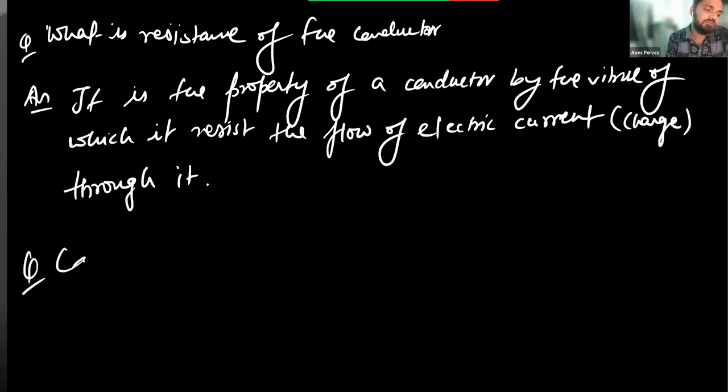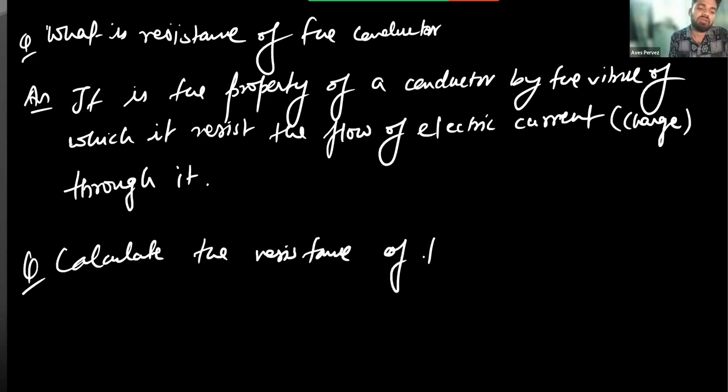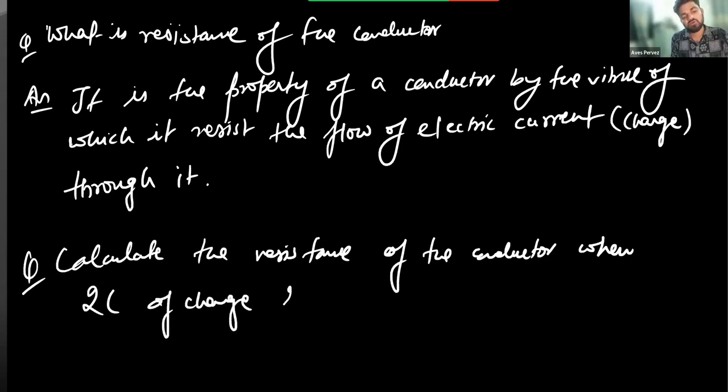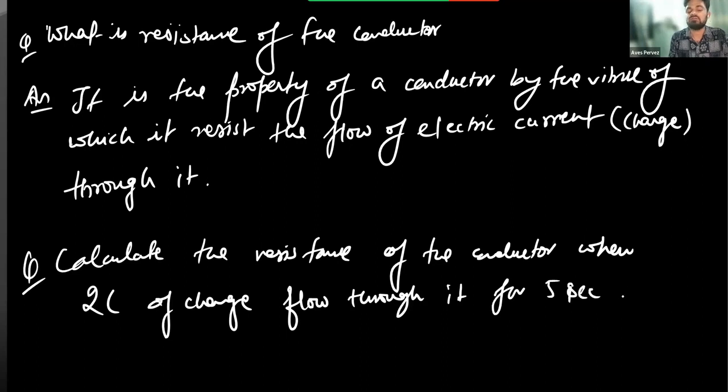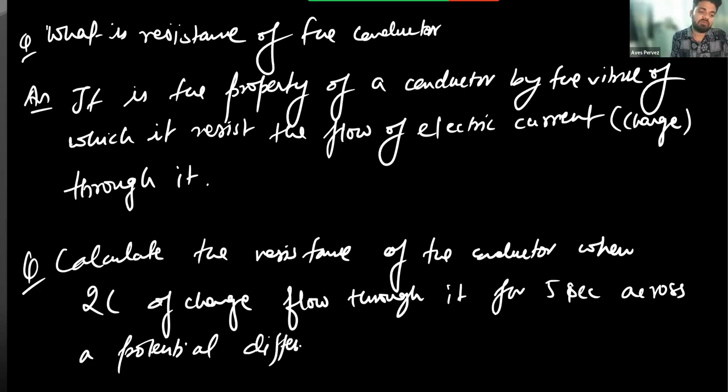The question comes: calculate the resistance of the conductor when 2 coulomb of charge flows through it for 5 seconds across a potential difference of 3 volt.